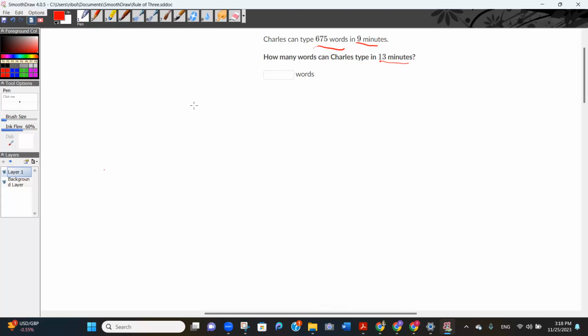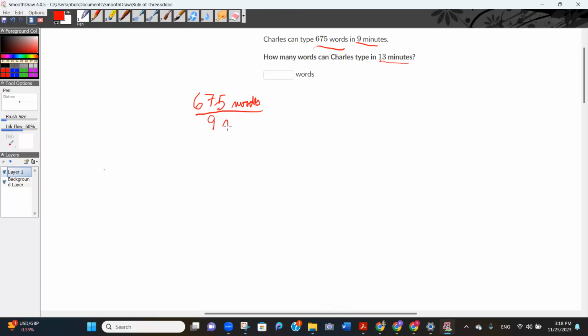And Salman Khan, of course, basically says we can set that up as a rate. So we have 675 words in 9 minutes.